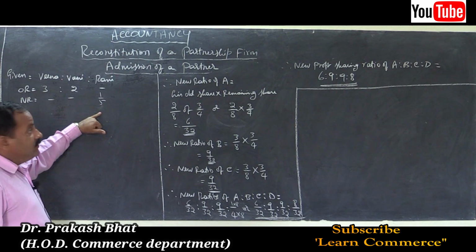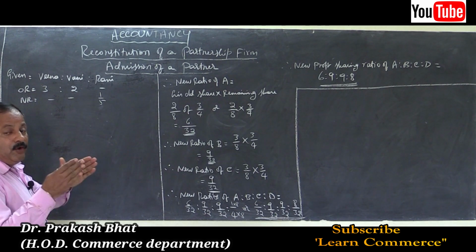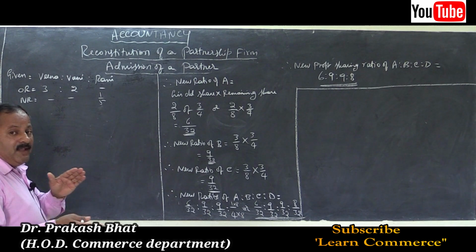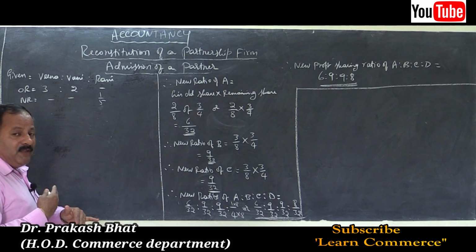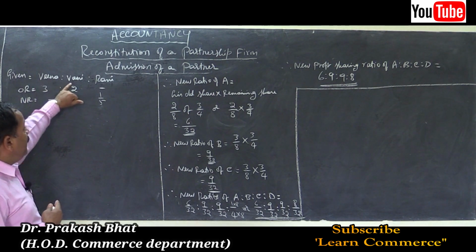So how can we calculate it? How will we come to know how much is the sacrifice made by Veena and how much is the sacrifice made by Vani?